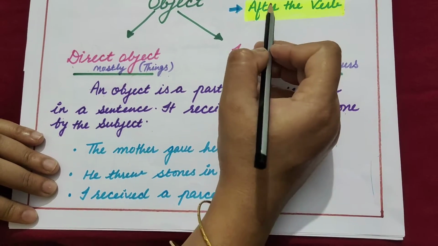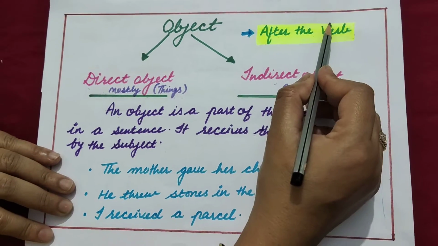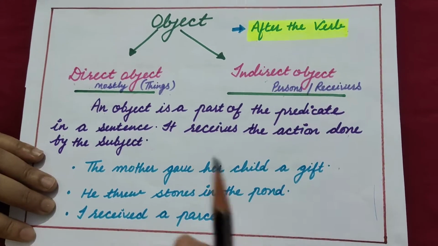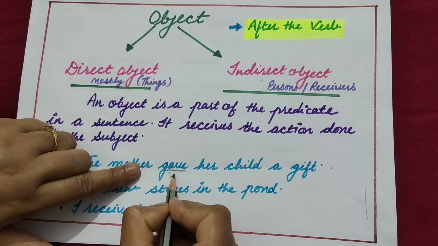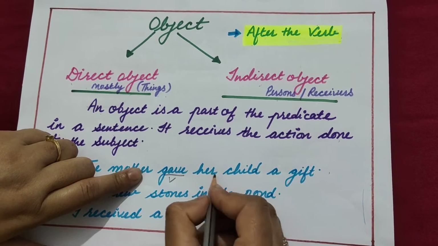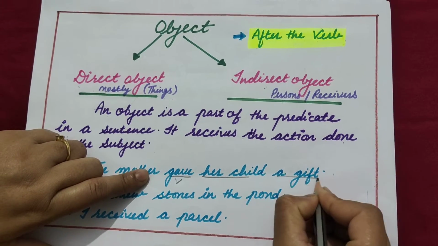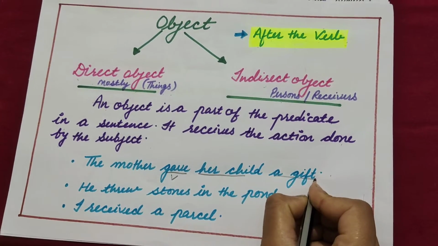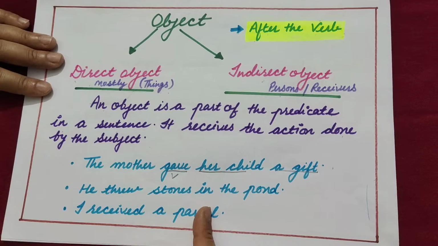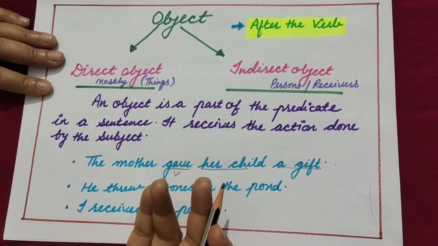Now, what I have told you is that after the verb we have to locate the objects. Now, mother is what? Subject. Gave is what? Verb. We have her child and a gift. These are the objects. Now, we have to see which one is the direct object and which one is the indirect object.